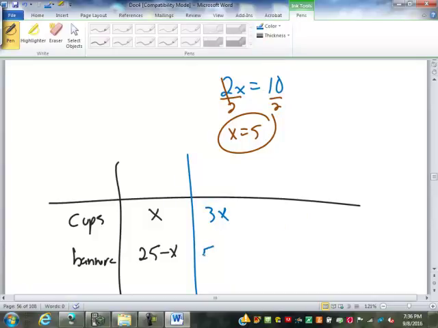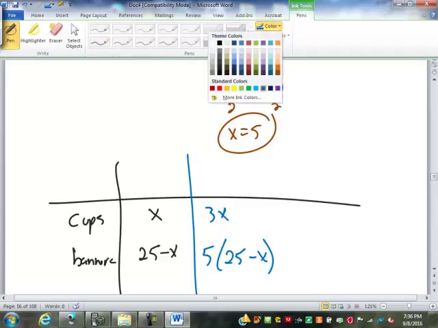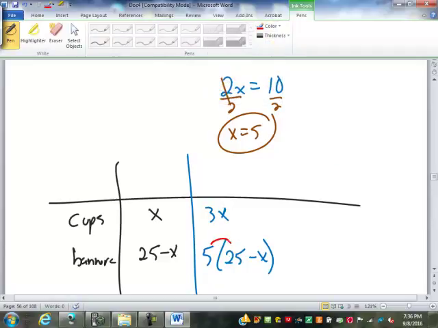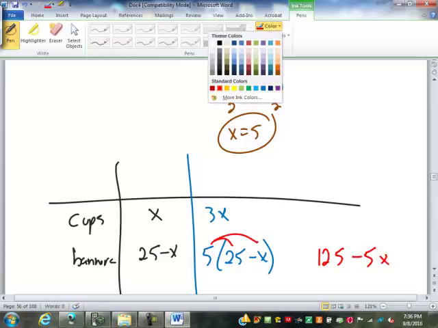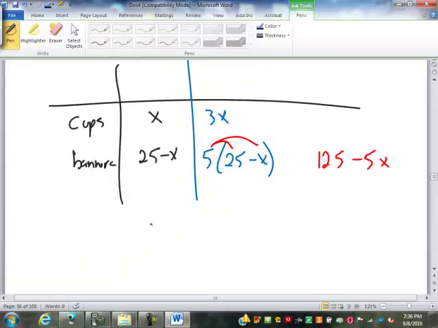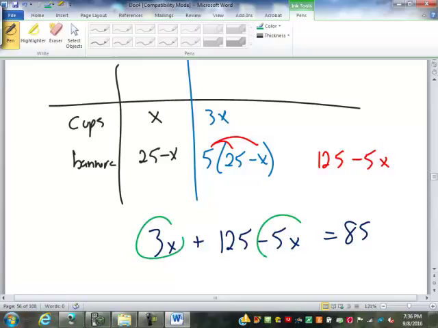The banners would be 5 times 25 minus X. 5 times 25 is 125. 5 times negative X is negative 5X. So we have 3X plus 125 minus 5X adds up to 85. 3X and negative 5X make negative 2X plus 125 equals 85.